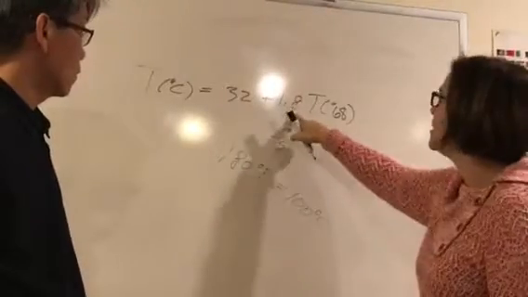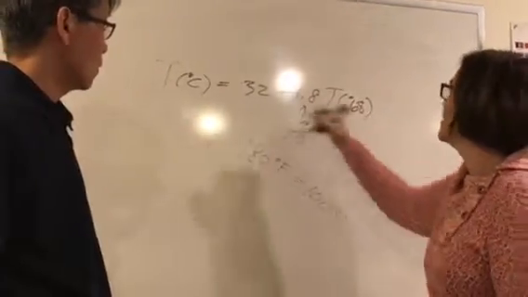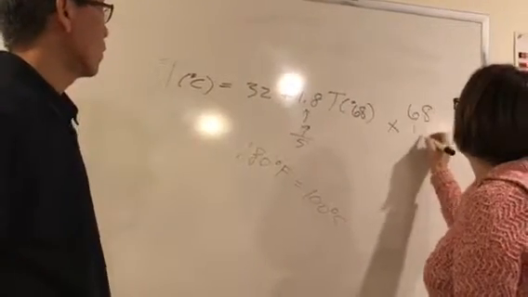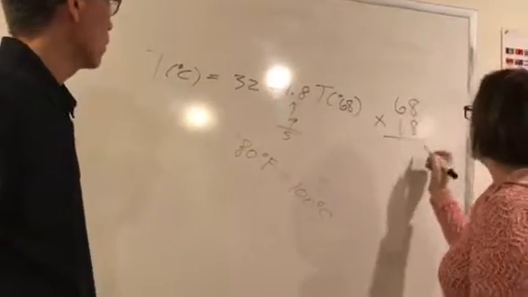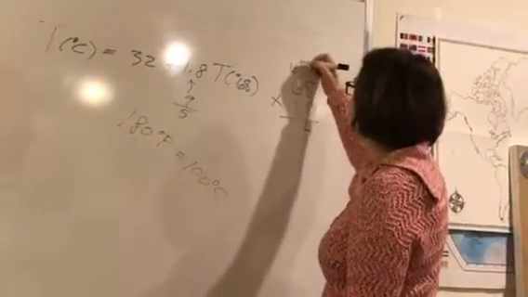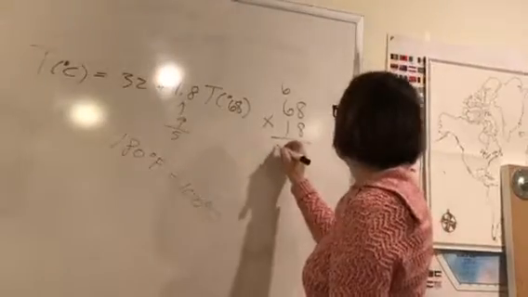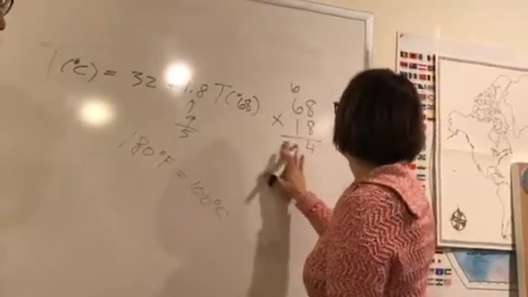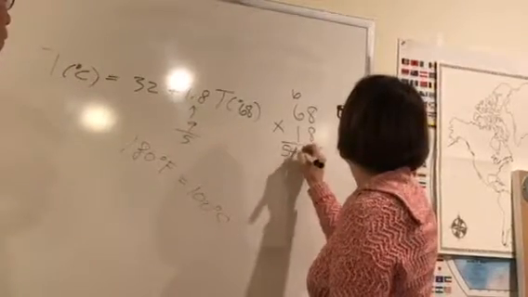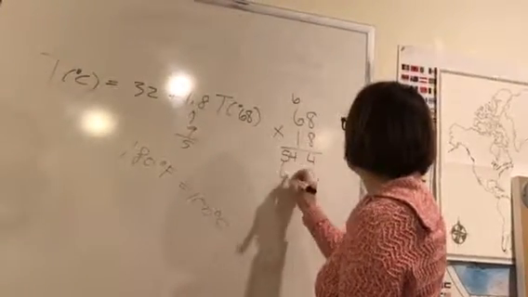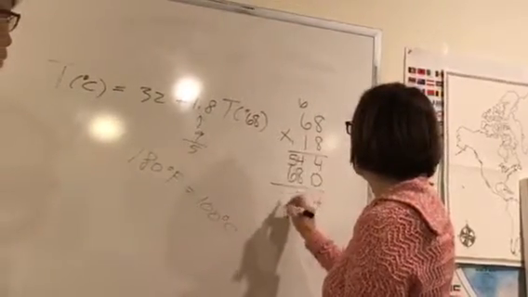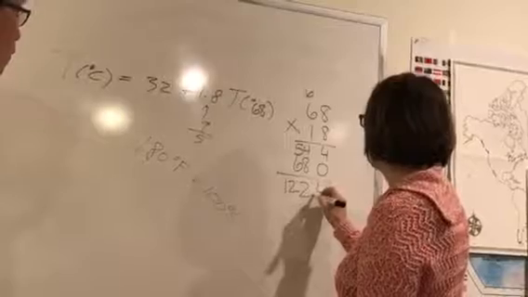So 68 times 1.8 plus 32. 8 times 8 is 64. Carry the 6. 8 times 6 is 48, plus 6 is 54. Bring back my decimal point.